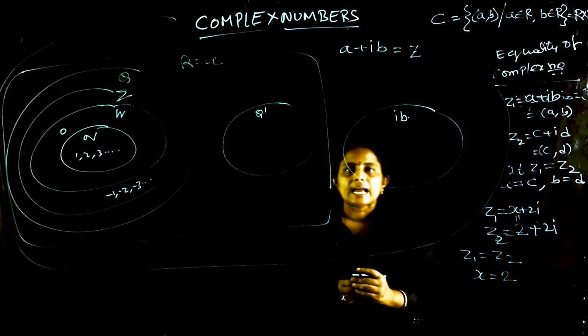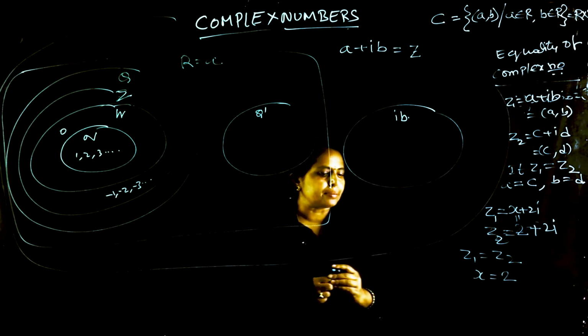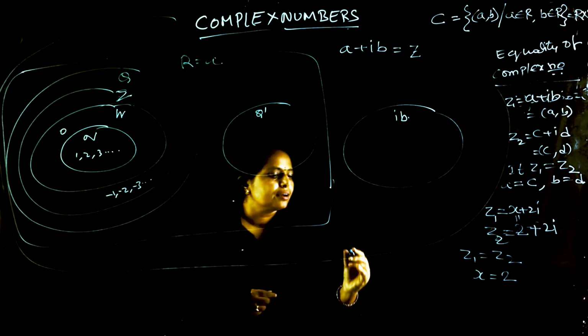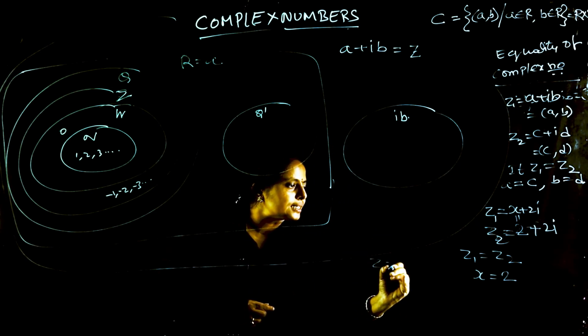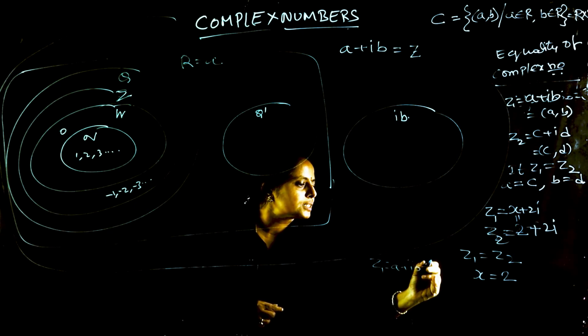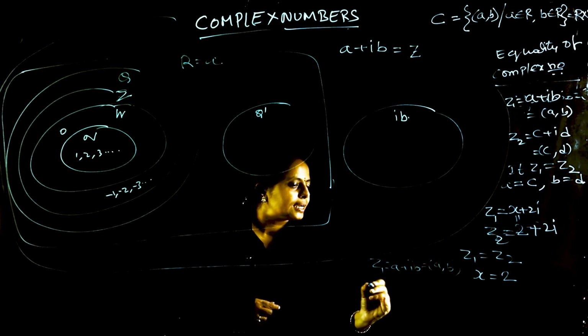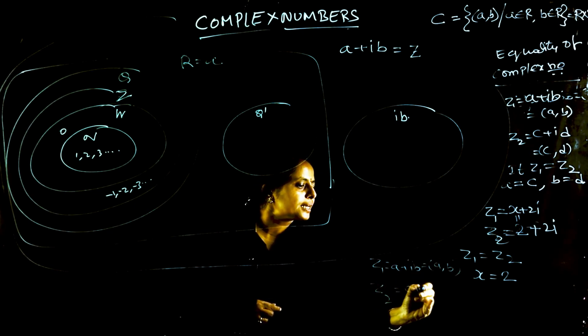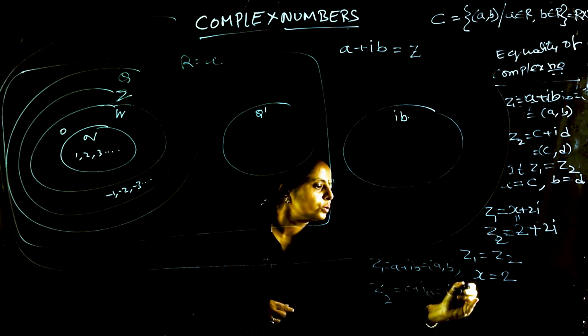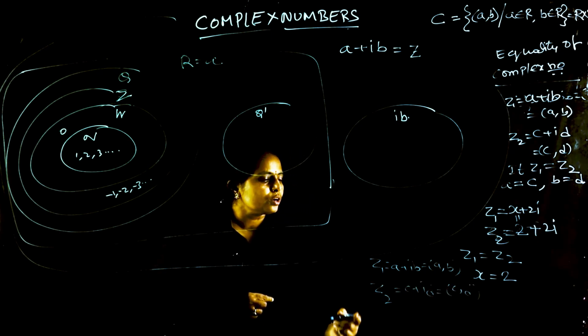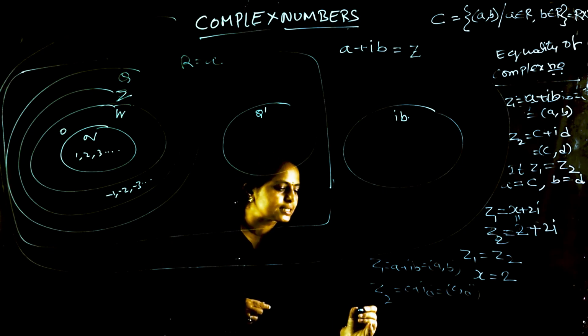Now let us see addition of two complex numbers. Say I have the first complex number Z1 equal to a plus ib, which is equal to (a, b), and Z2 equal to c plus id, which is equal to (c, d). And I want to find the sum of these two complex numbers.